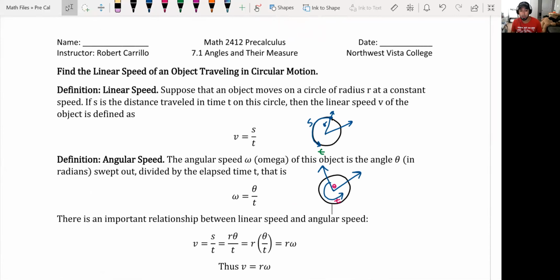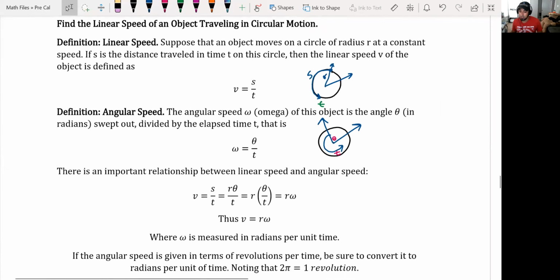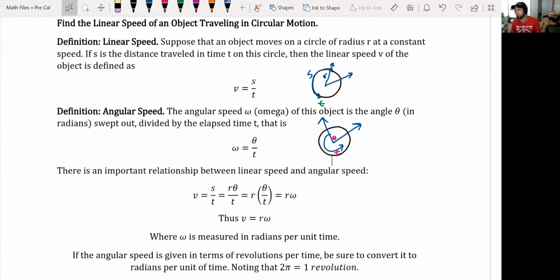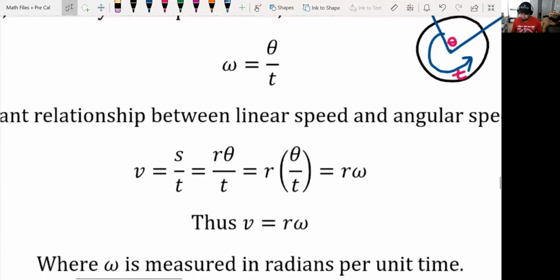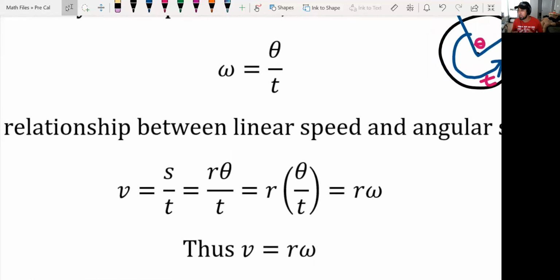So those are those two formulas. One gives you linear speed, one gives you angular speed, and now we have a third formula we can create that is an important link between linear speed and angular speed. Okay, so look at this. Taking the linear speed formula, which we saw above, v equals s over t. Well, what we learned earlier is the arc length formula, which is represented by s. Arc length is given by the formula r times theta.